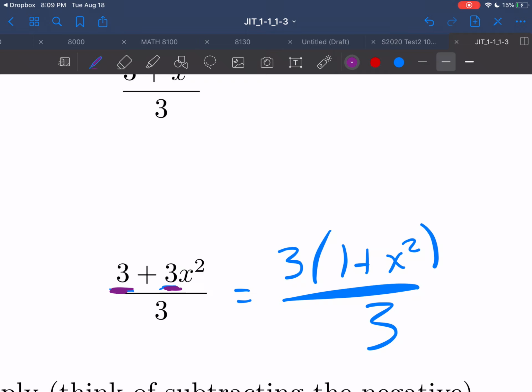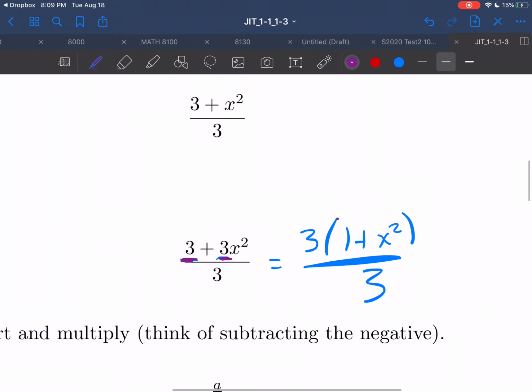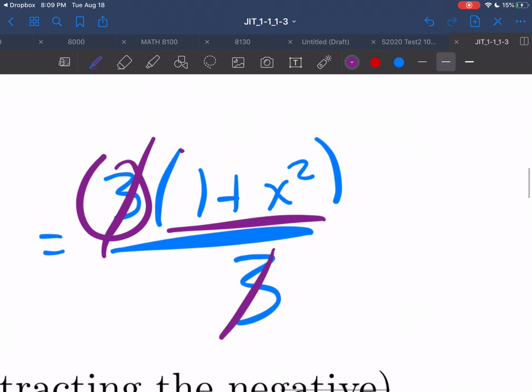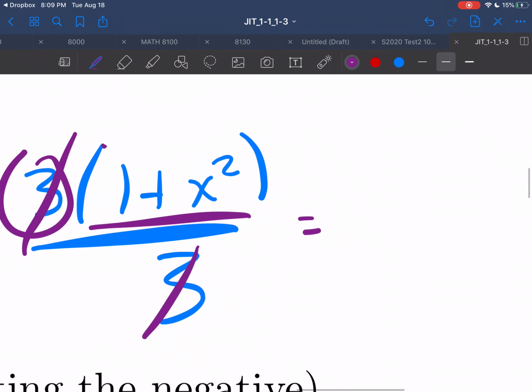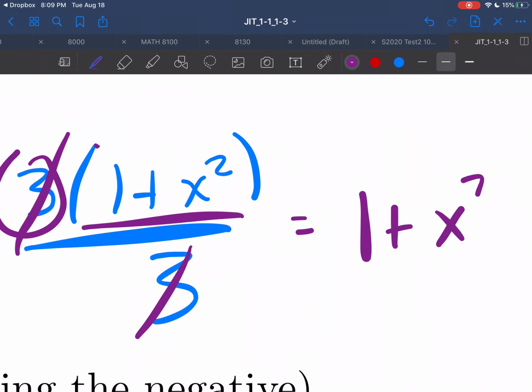If we were to take this 3 and multiply it by each one of these, it would get us back to what we started with. So we're going backwards a little bit, but that allows us to cancel. We've got 3 times something else, and that will allow us to cancel this 3 with this 3, leaving us with just 1 plus x squared.